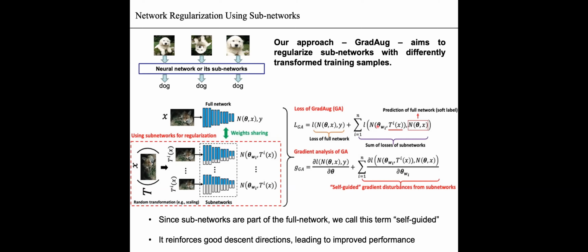You can consider that as adding some random noise to the original gradient. But for our approach, Grad-Aug, we are actually adding meaningful perturbations to the raw gradient, because the subnetwork is part of the full network. So it is able to reinforce some of the good descent directions, and that is able to improve the performance.